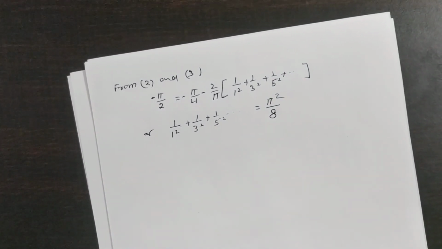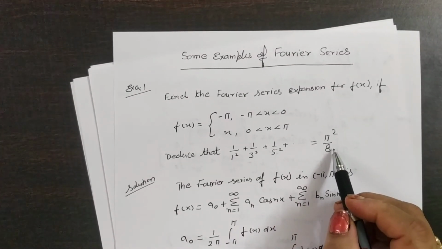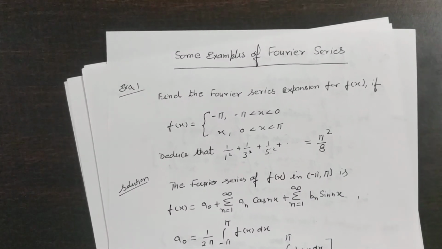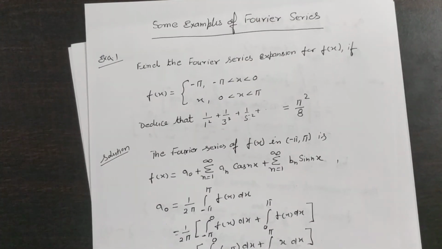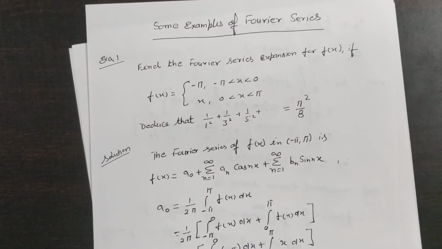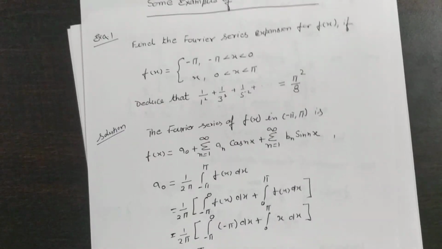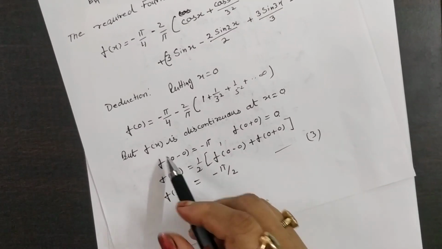Here you deduce this one. Actually, you always get the results by substituting x is 0, or by substituting different values according to the deduction. But here, because of this discontinuity, you use the value for f of 0.